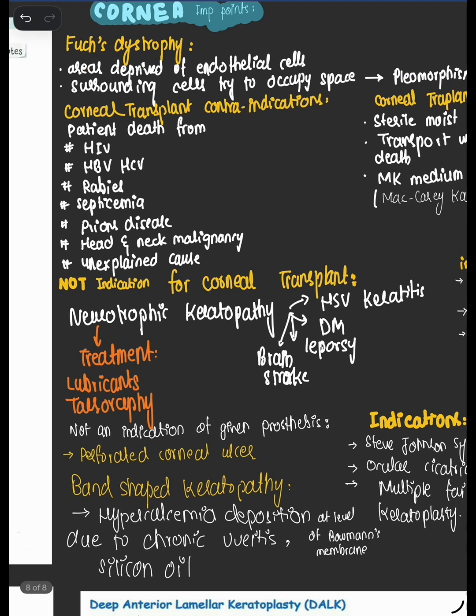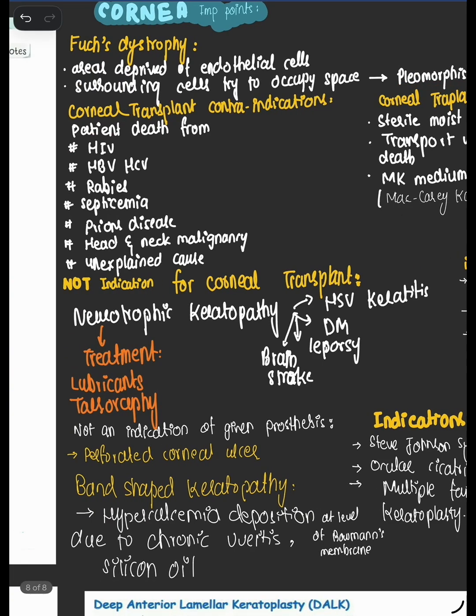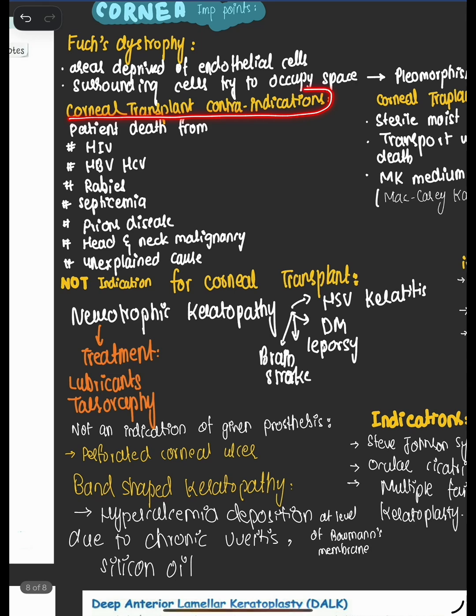This is one of the image-based MCQs, in which we see specular microscopy and see the areas deprived of cells, and the surrounding cells try to occupy them, resulting in pleomorphism and polymegathism.